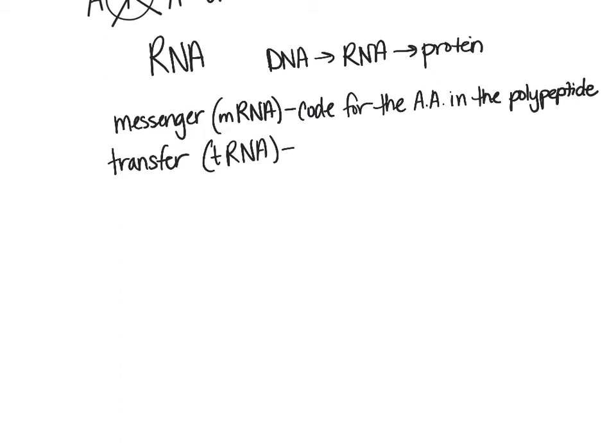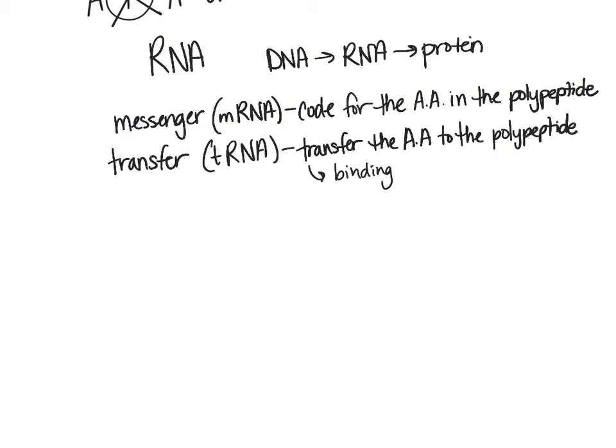So it's going to transfer the amino acid to the polypeptide. So it's actually binding them by matching mRNA. And we'll look at that in more detail in a couple of chapters when we're looking at the cell.